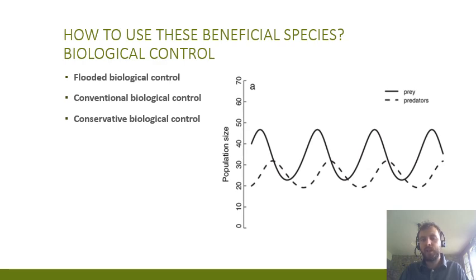And by growing, they will eat a lot of the prey, which will start to make the prey population go down again. And then because the prey is going down, there's not much to eat for the predators, so they also start to die. They are just always a bit later in population size, but that way both populations are regulated by the other, and you don't have anything getting out of control.